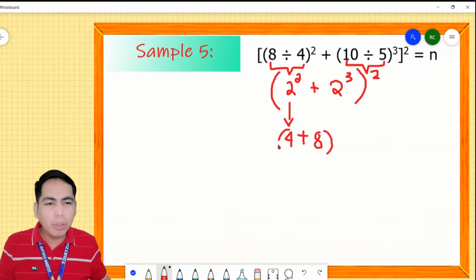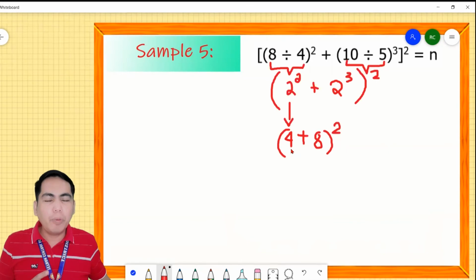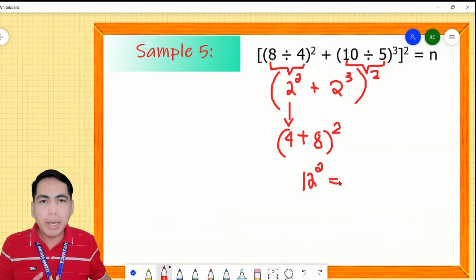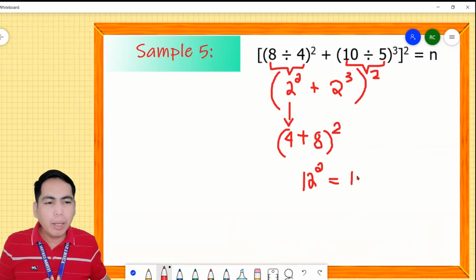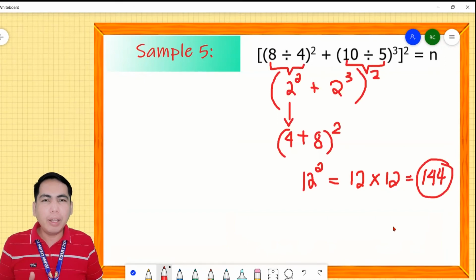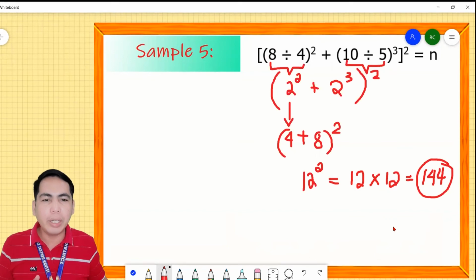And then both of these numbers will be raised to the power of 2. So 4 plus 8 will give us 12 raised to the power of 2. And 12 raised to the power of 2 is just simply 12 times 12 to give us 144. So meaning to say that the value of n for number 5 is 144.